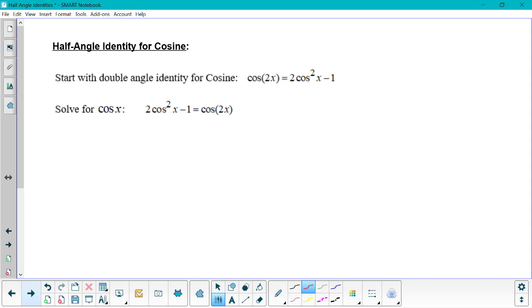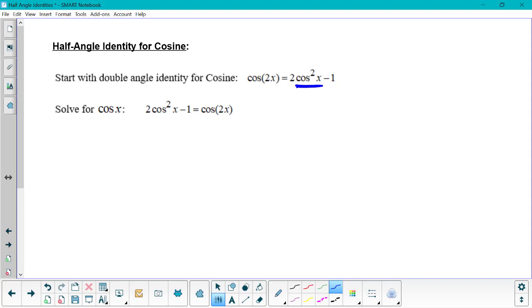I'm going to start with, how do I find the cosine of twice an angle? And I'm going to use the double angle identity for cosine that involves only cosine. I'm going to take that identity and solve it for cosine of x. So I want to isolate cosine of x on one side. I've just flipped the sides so that when I'm done solving, I've got my expression on the left.